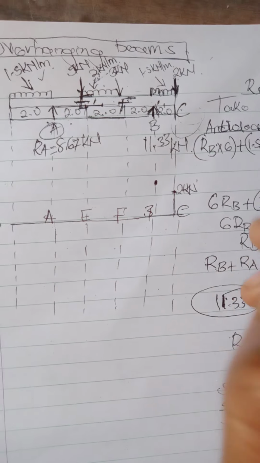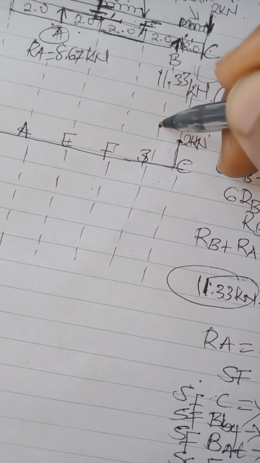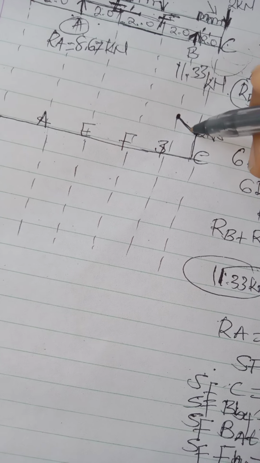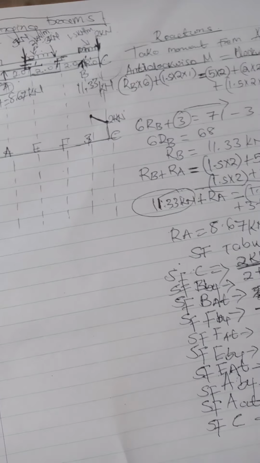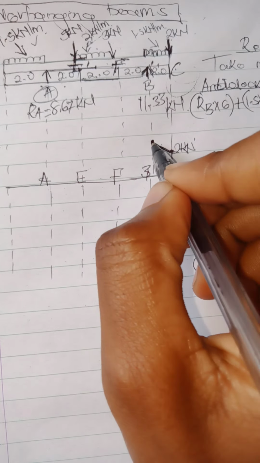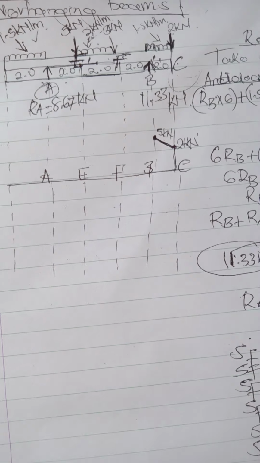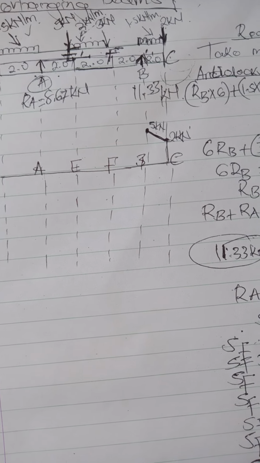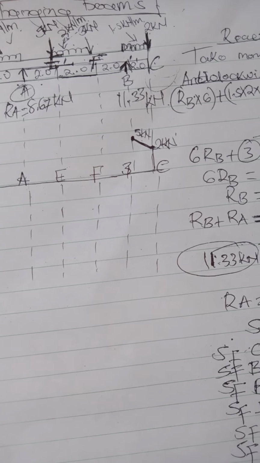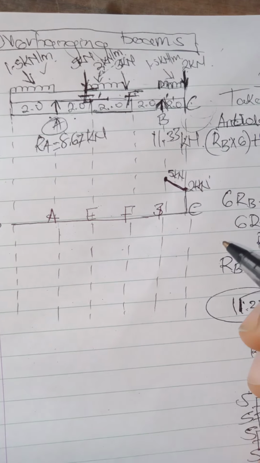Because of the UDL, this is a slanting line. We have that slanting line, then 5 kilonewtons, that is before B. Then B after is negative 6.33.